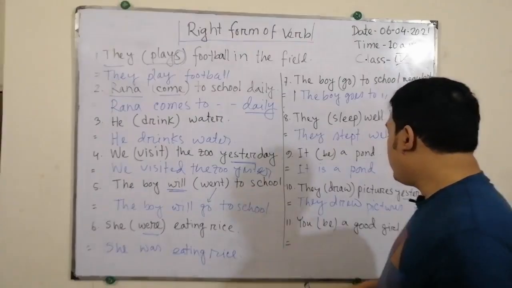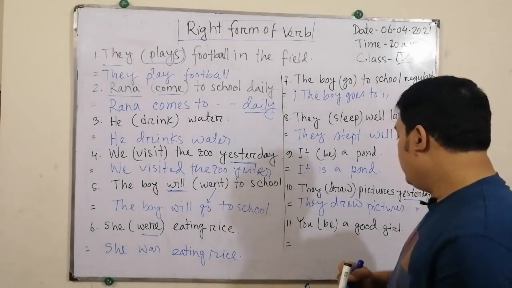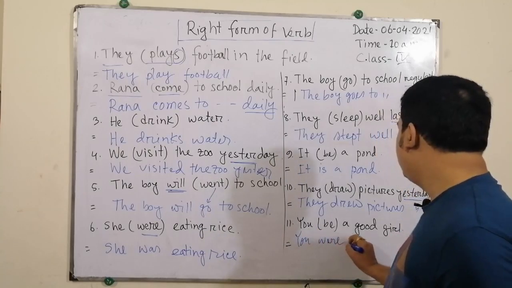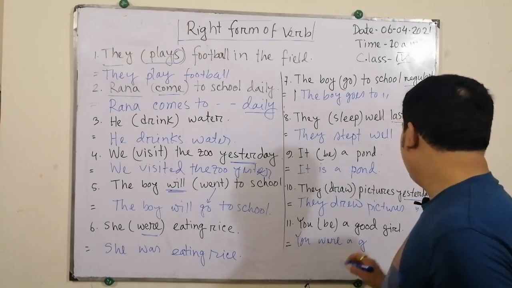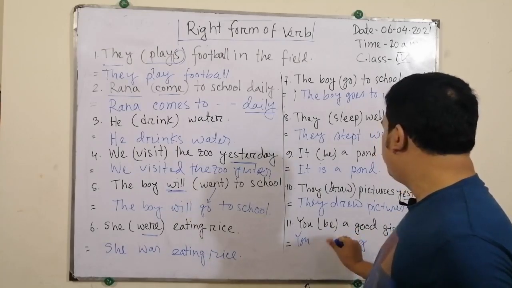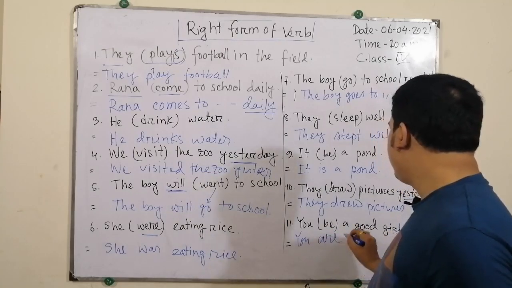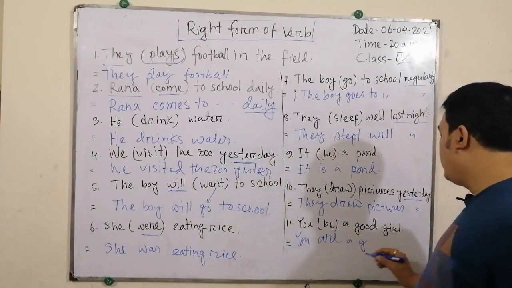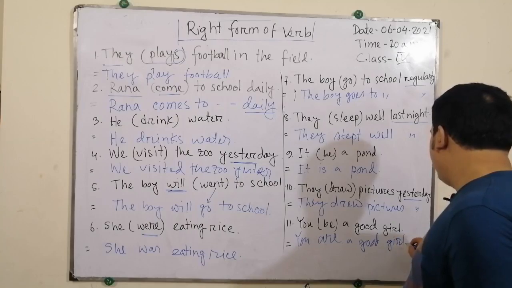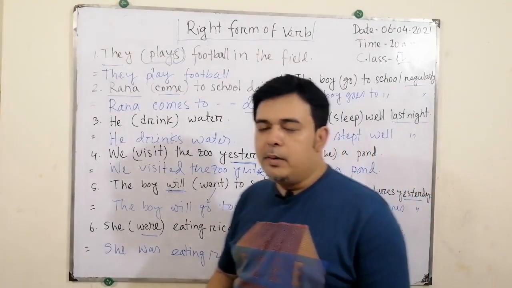We will write, you were a, sorry, you are. As there is no indicator of past tense, so we will write in present. You are a good girl.